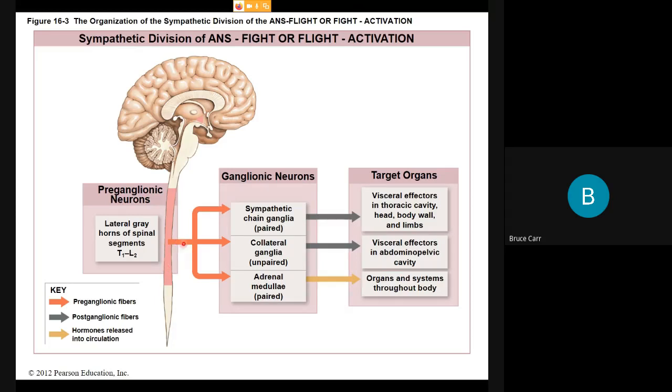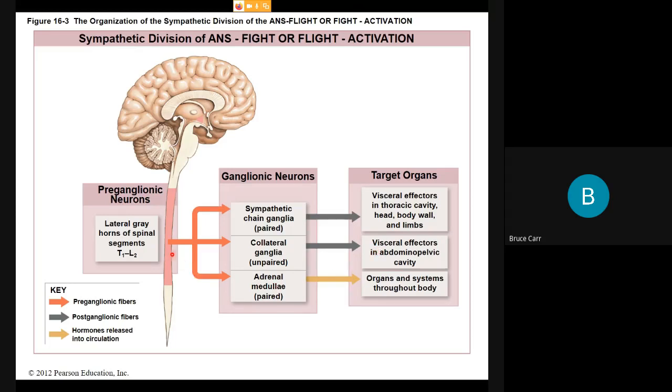The ganglionic neurons take a kind of three-way course, and I don't like this trident arrow here, because it turns out the majority of the connections are here to the sympathetic chain ganglia, which are paired. At that level, there's one on the right and one on the left. A few selected preganglionic neurons come through a chain ganglion and then go to a collateral ganglia before generating messages out to the effectors.